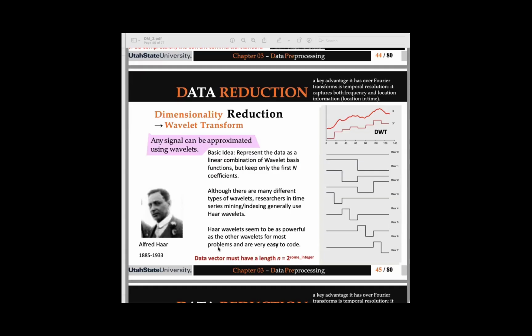It has one main challenge or constraint, which is that the data vector must have a length of 2 to the power of something. If it's not 2 to the power of something, then usually the method fails because it approximates the left-hand side of the signal way better than the right-hand side. You can easily try to pad your data set, right?